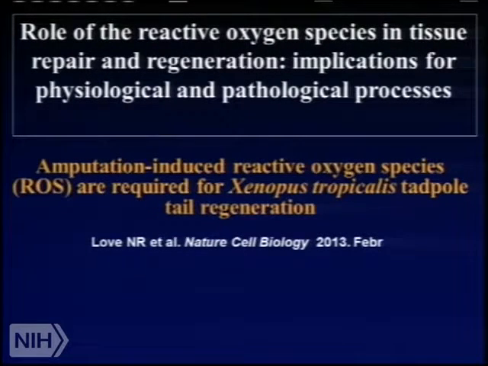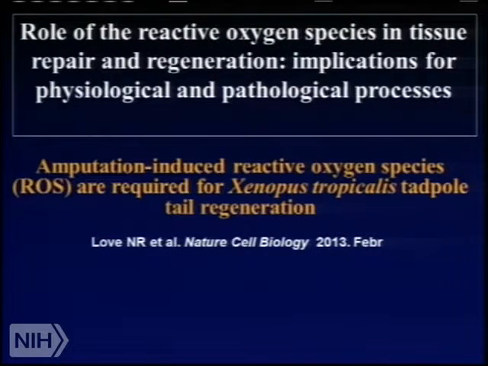So here I just want to show a brief example where reactive oxygen species in fact can be beneficial and can play a very important role in tissue regeneration. This is an interesting, relatively recent paper in Nature Cell Biology.